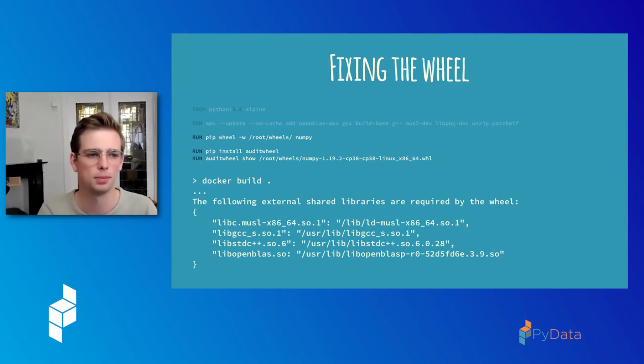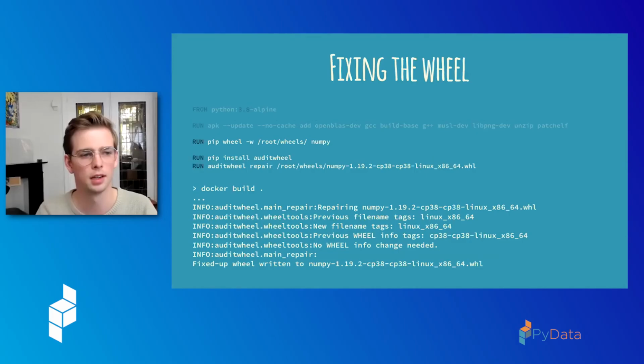If we look, for example, at an Alpine-built version of NumPy and run auditwheel show on it, it will tell us that there are external shared libraries required by the wheel, namely musl, GCC, OpenBLAS, and libstdc++. And when we run auditwheel repair, it can take those shared dependencies and actually copy them into our wheels.